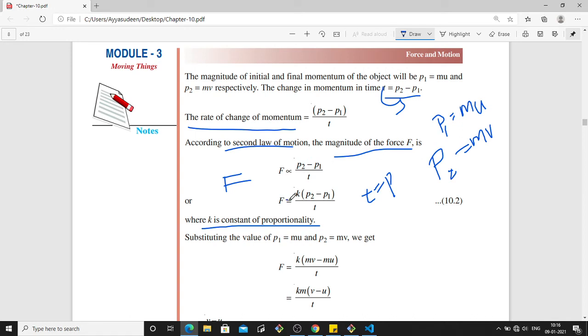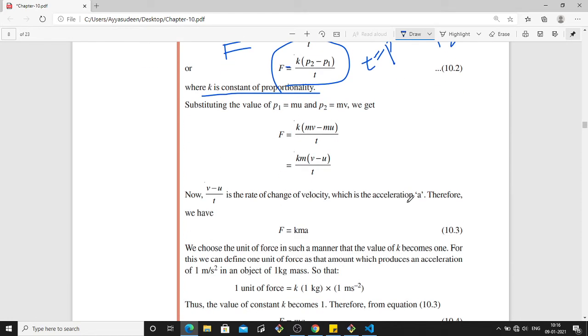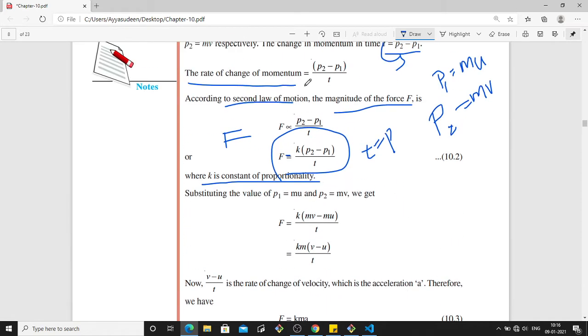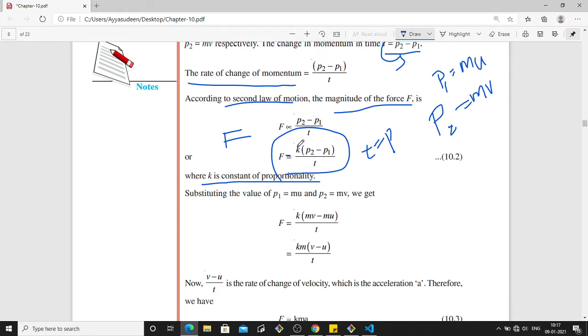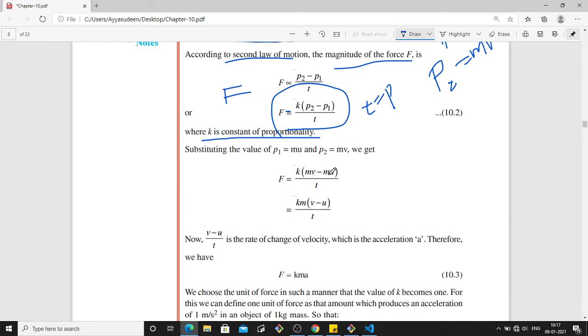So F equals k (p2 minus p1) by t. This is the magnitude of force. Now we will substitute the values: p1 is equal to mu, p2 is equal to mv. So m is there in both variables.